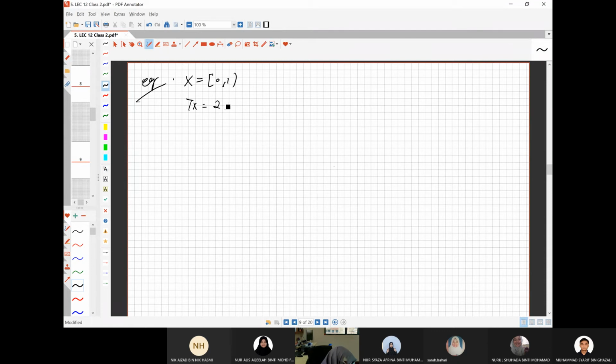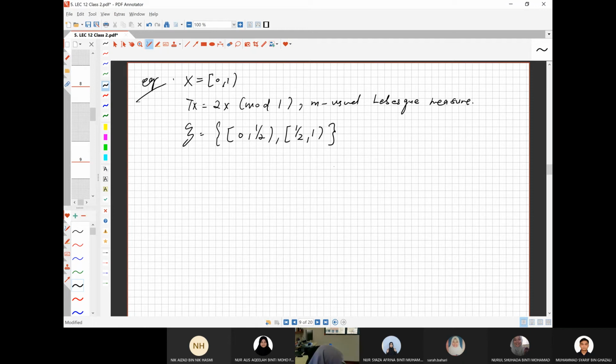Consider the dyadic, with the usual Lebesgue measure. And then you have the partition psi, 0 to half and half to 1. It has 2 elements. In the previous calculation, you already found your relative entropy.